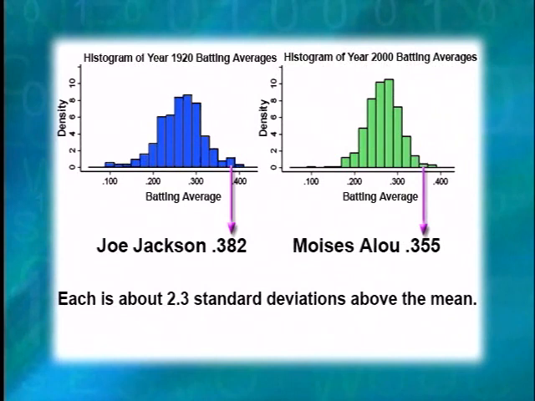So you see what I mean? That by looking at this distribution as a normal distribution, we can say how far above the mean the performance was of these 2 players. So in a way, Joe Jackson's performance relative to his compatriots in 1920 is comparable to Moises Alou's performance of 355 in the year 2000, even though the batting average here was only 355 and the batting average there was higher, 382.